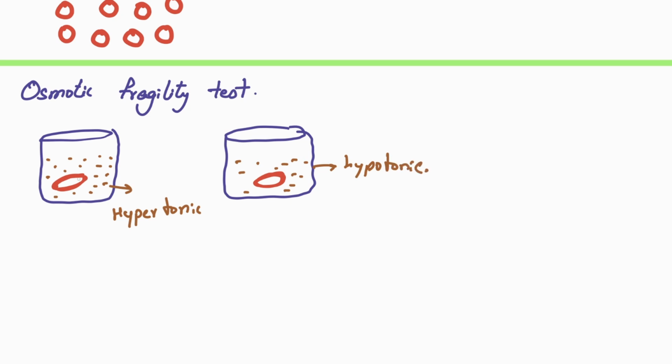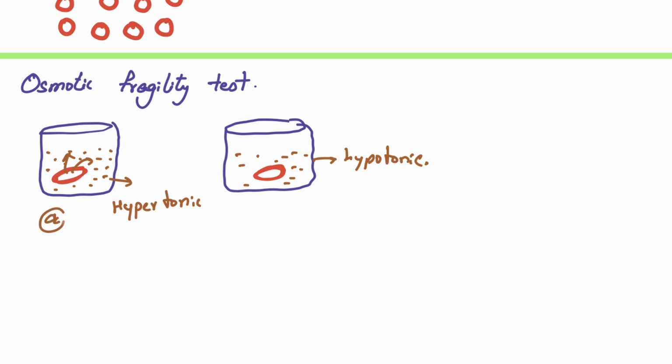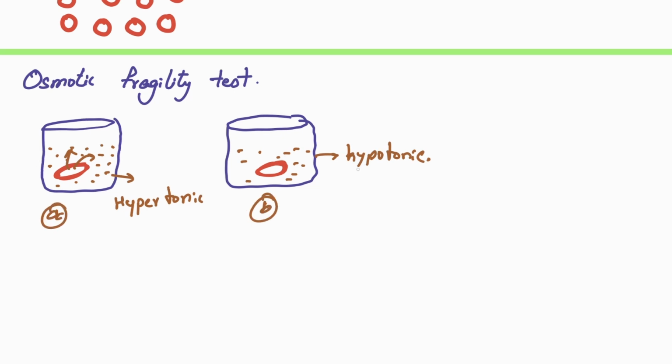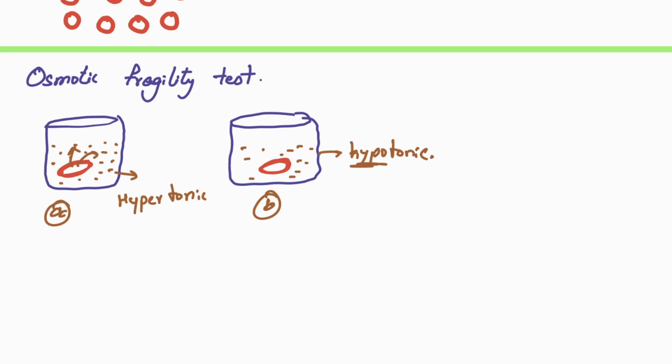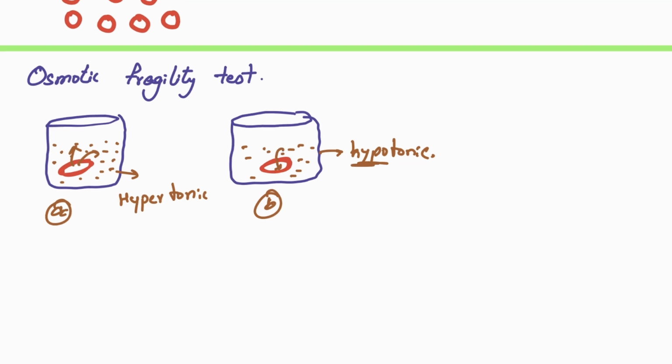So here the water comes from the RBC to the outside, and the second beaker, for example this is the A beaker, this is the B beaker. In the second beaker, as the surrounding liquid is hypotonic, the water will enter into the RBC.